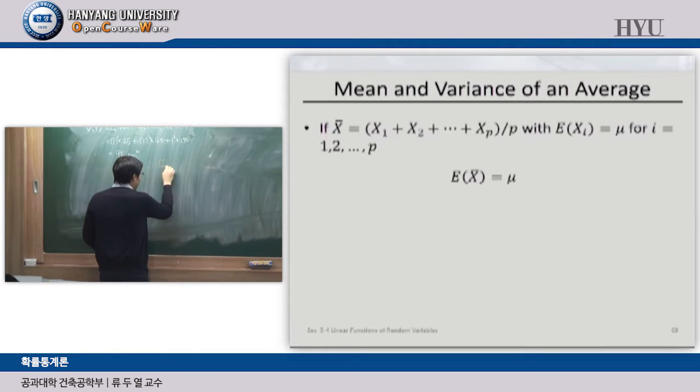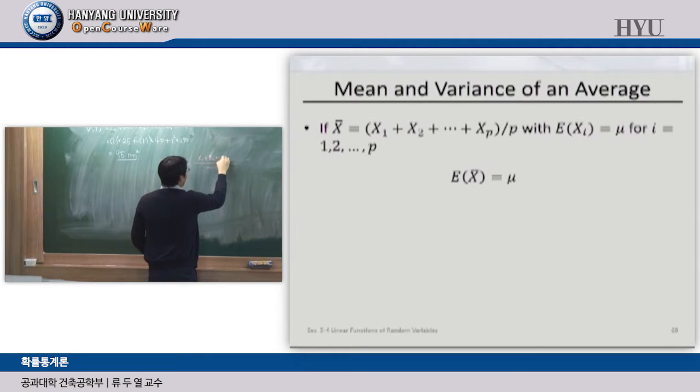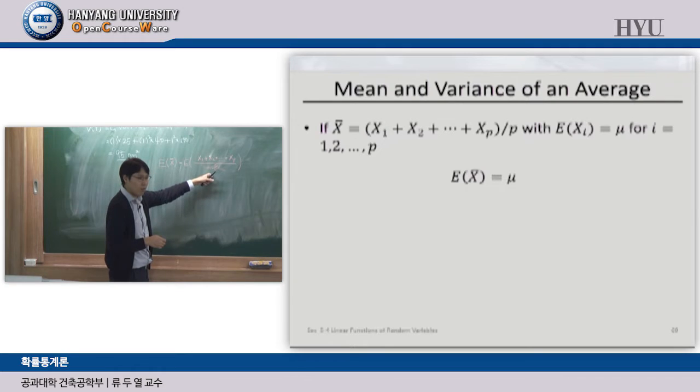So we need to calculate the mean of the average of x, right? And that can be written as the expectation of the summation of all random variables over the total number of random variables, p, right?